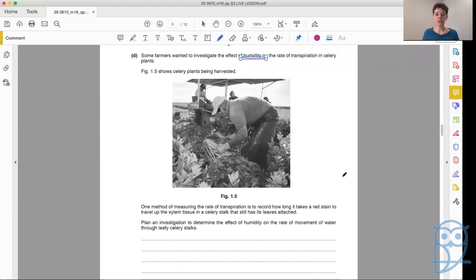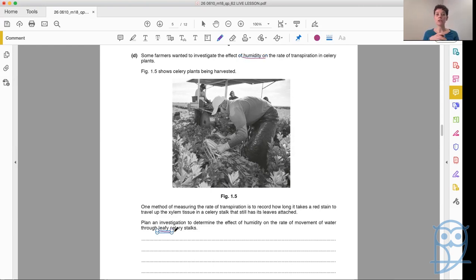One method of measuring the rate of transpiration is to record how long it takes a red stain to travel up the xylem tissue in a celery stalk that still has leaves attached. So there's another slight difference. Plan an investigation to determine the effect of humidity on the rate of movement of water through leafy celery stalks.